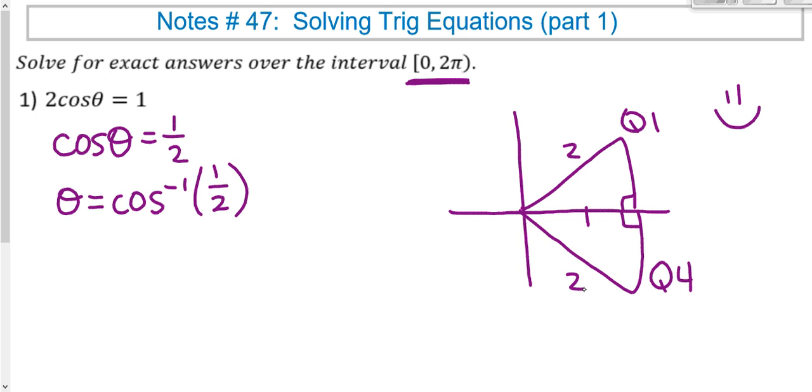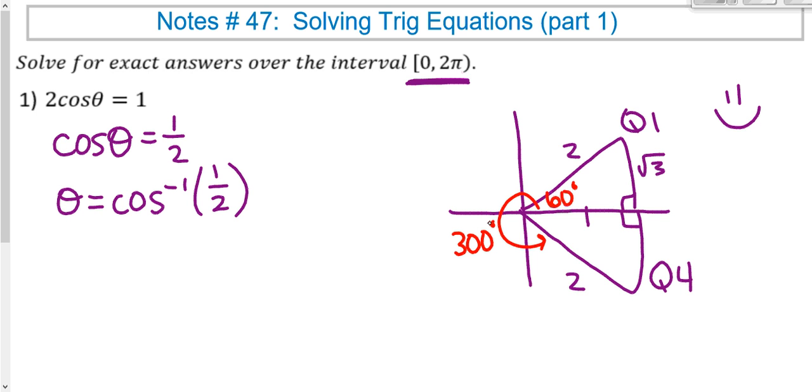So what does that leave you for the opposite side? That one must be square root 3. So it looks like we have a 30, 60, 90 triangle with a 60-degree reference angle. Even though I didn't draw it to scale, we know that 60 is always across from square root 3. Okay, so one of our angles is 60 degrees and the other angle is 300.